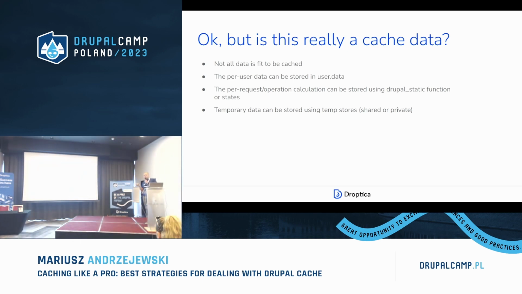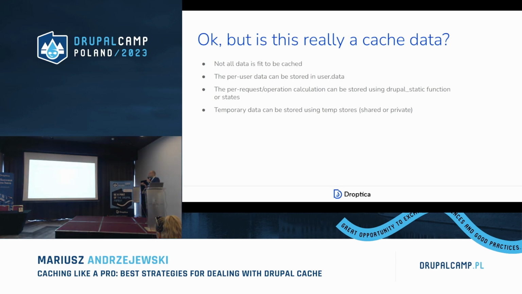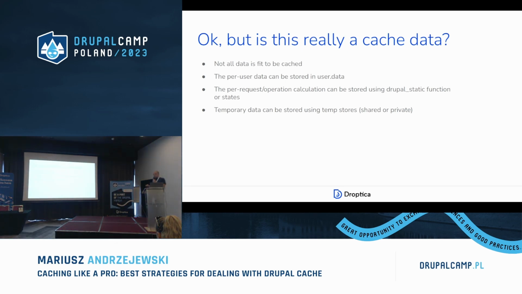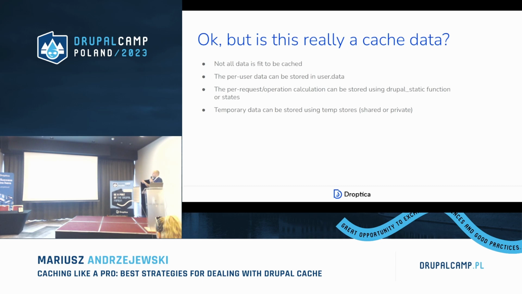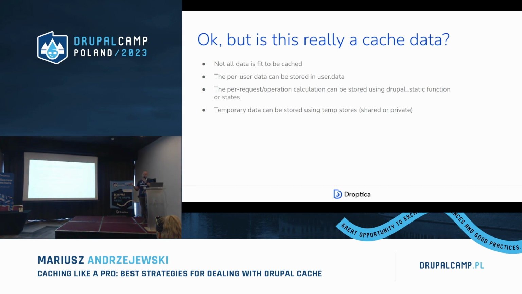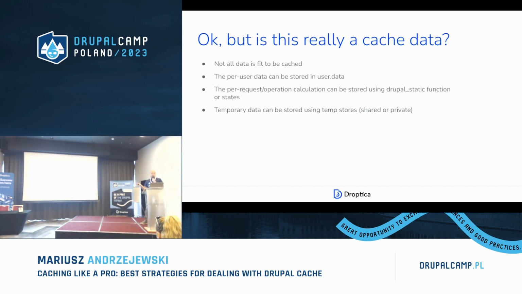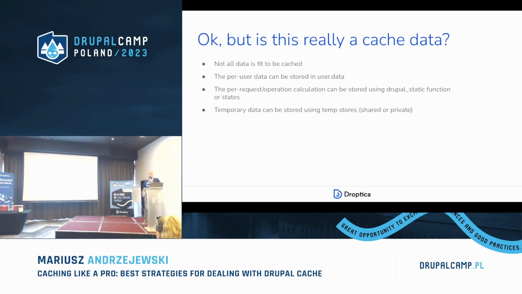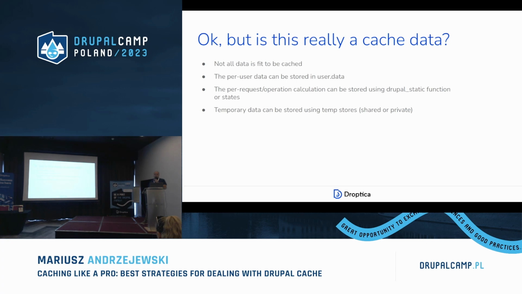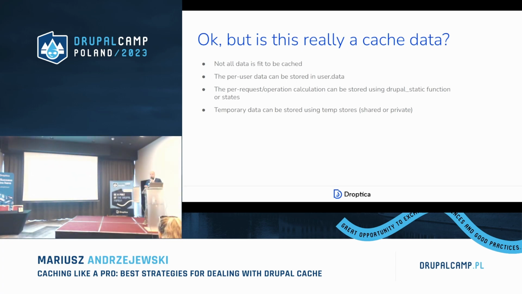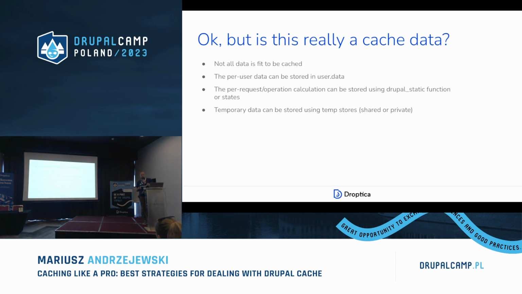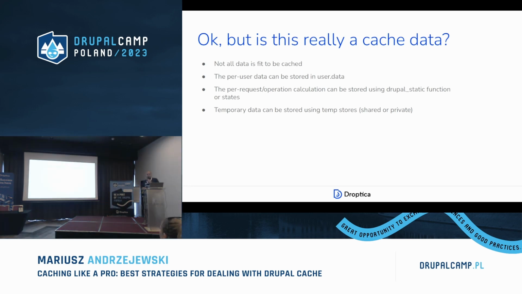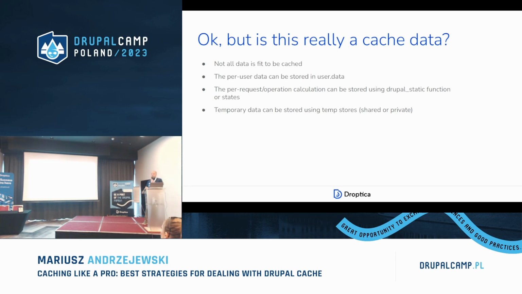This is also a storage, so I wouldn't recommend that, but there are different mechanisms that we can still take advantage of. And the last one, temporary storages. We have a private temp storage and a shared temp storage. So if our data needs to be temporary, and we may probably not need it anymore after some time, then let's use this one.